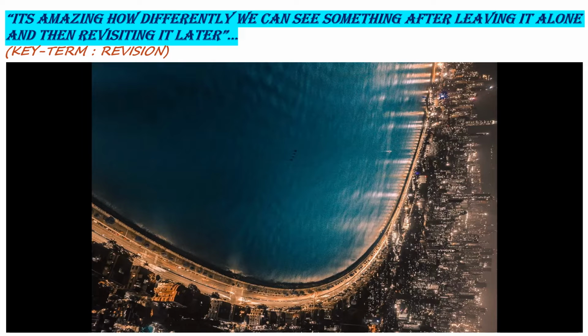That means in a literal way, we can compare. Let us take a look at this beautiful picture. The picture may be the same, the place may be the same, but when we visit it again, something new is felt by us, or we can see some new thing.